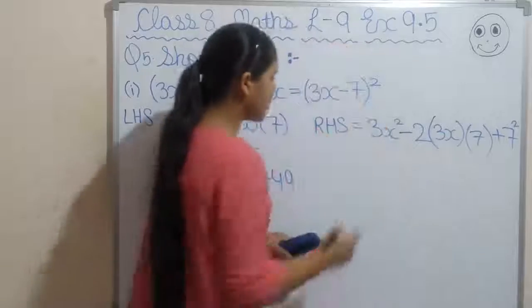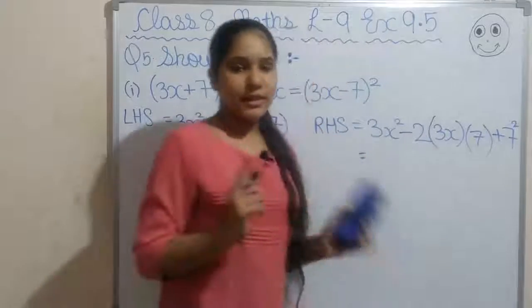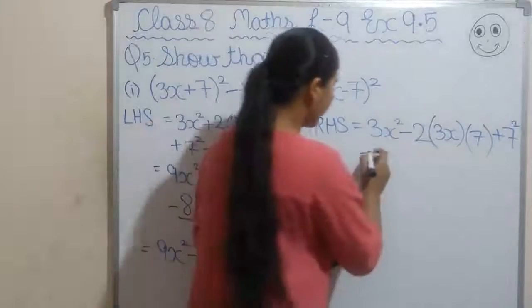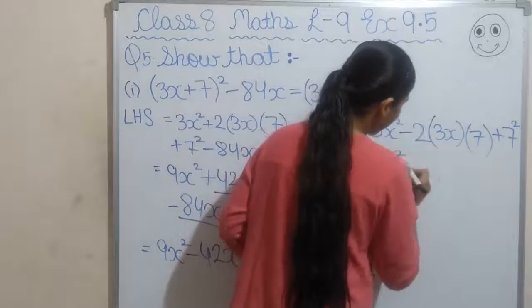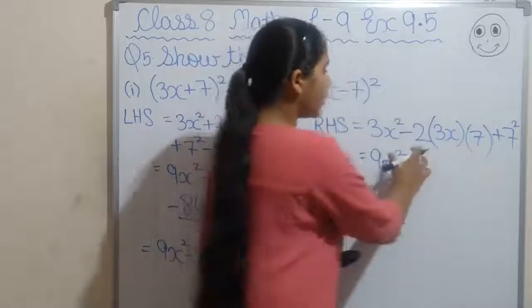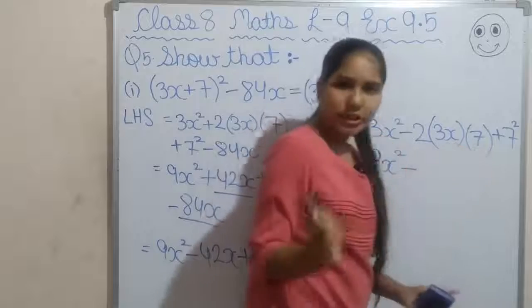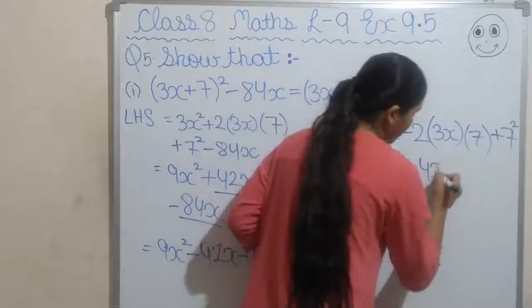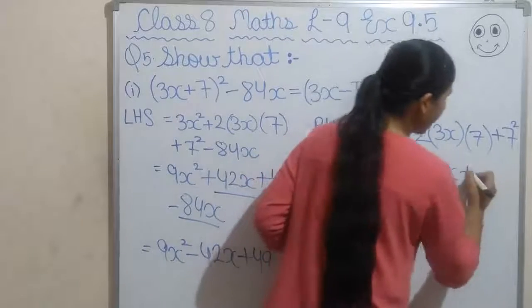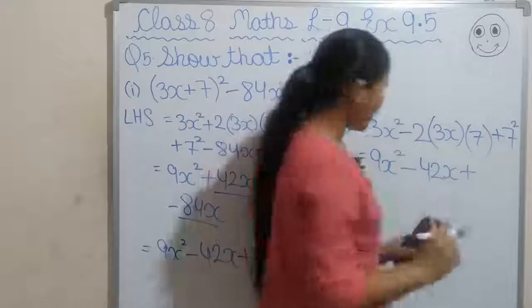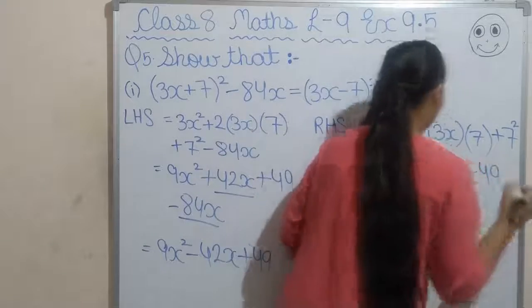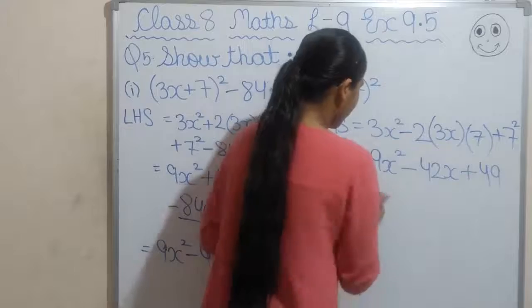So now we can solve this. (3x) square means 3 3s are 9, so 9x square, minus, as it is, 2 3s are 6, 6 7s are 42, so 42x, plus, as it is, 7 square means 7 7s are 49. So this is the answer.